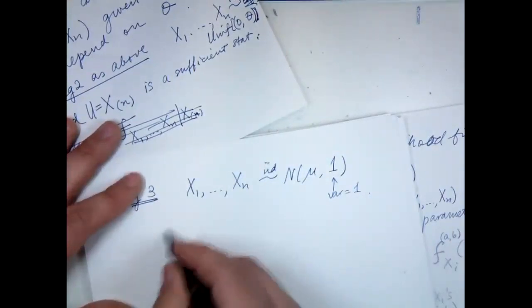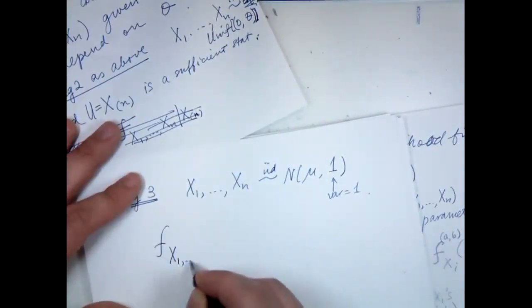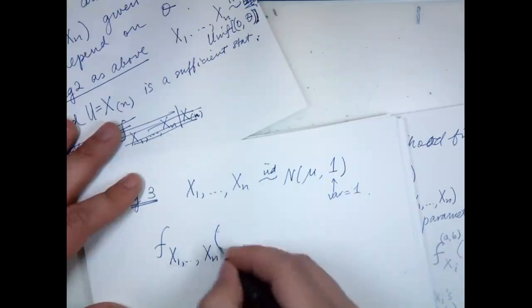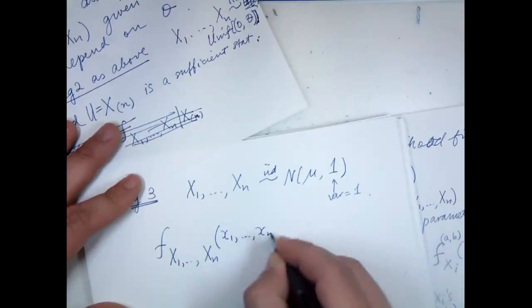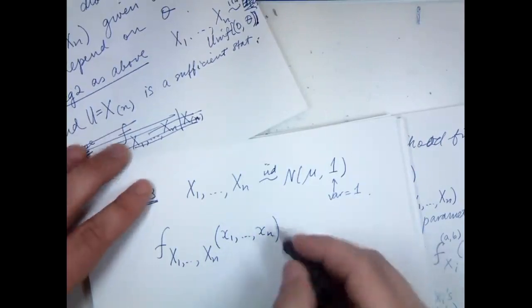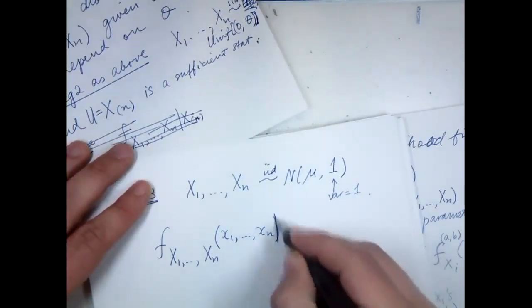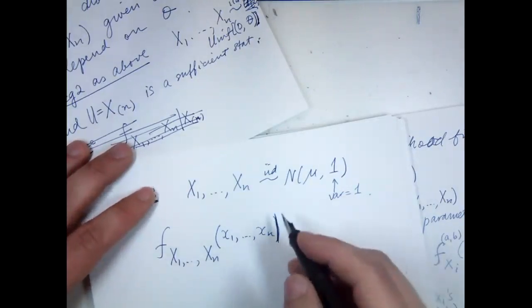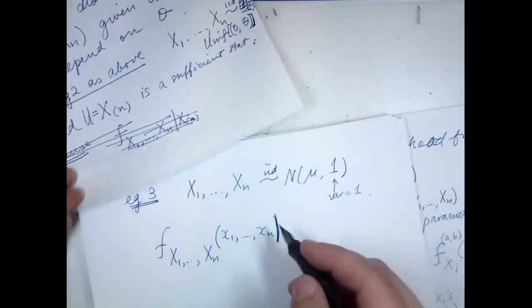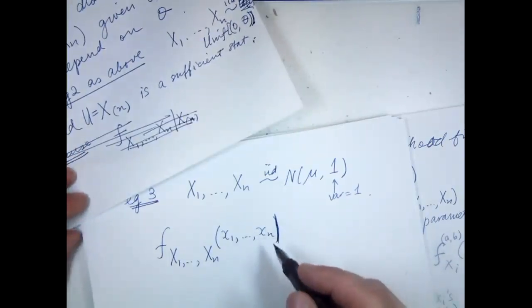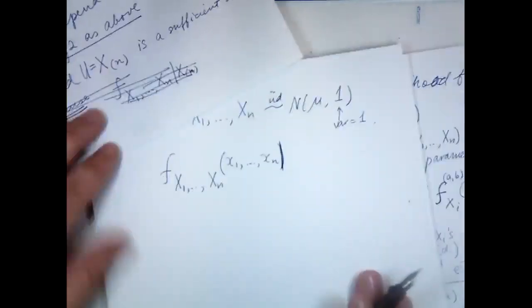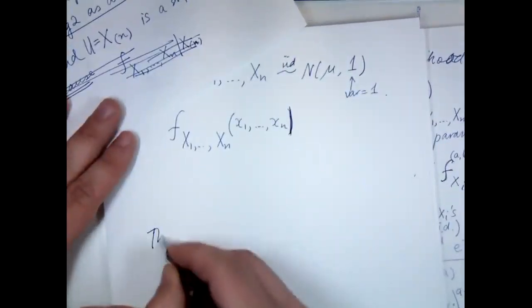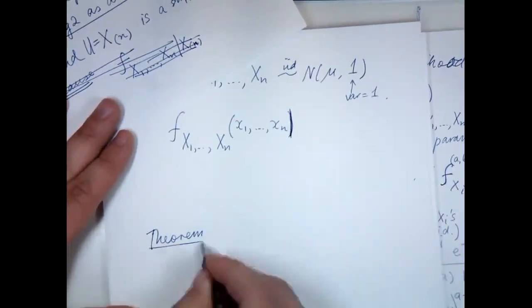Then the joint density of x1 up to xn given the... so before I do that example, it's much easier if I do the following theorem.